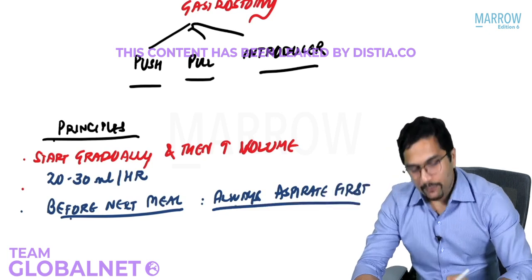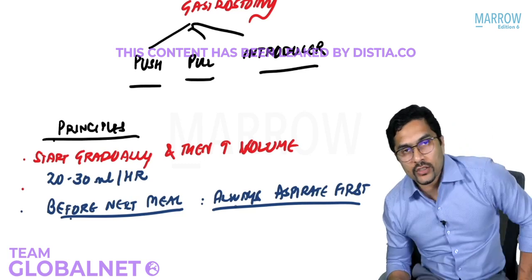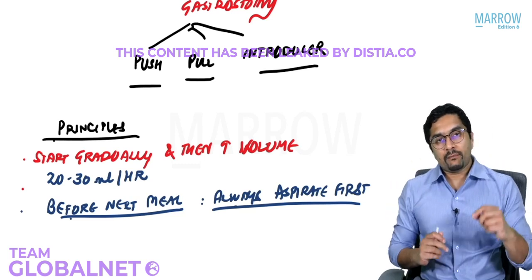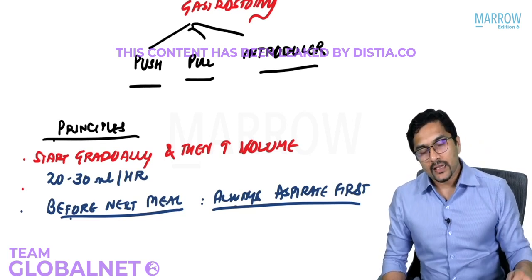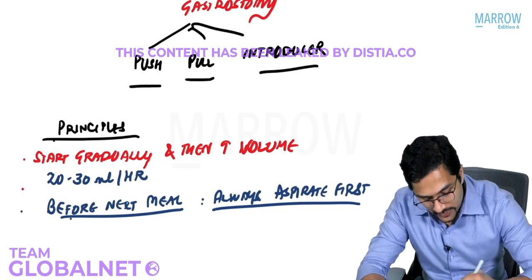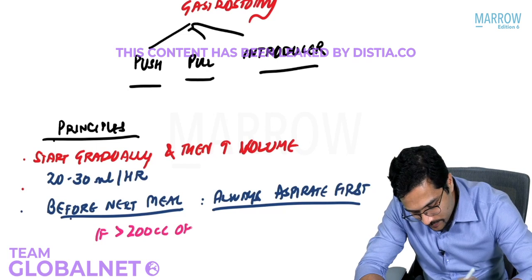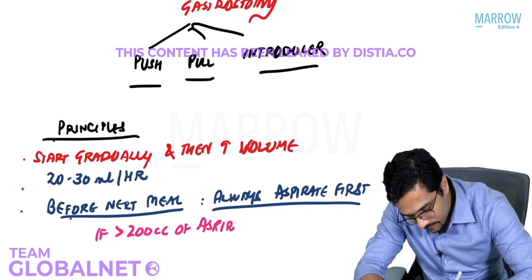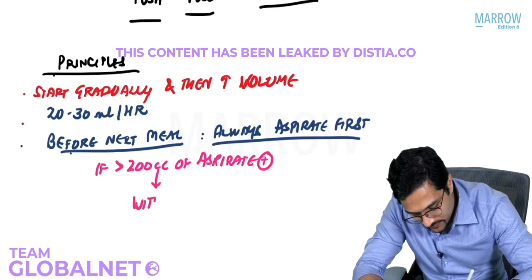Supposing you're doing Ryle's tube feeding, or feeding gastrostomy or jejunostomy feeding, then before you give the next feed, you should always aspirate first. And if more than 200 cc of aspirate comes, then we should withhold the next feed.